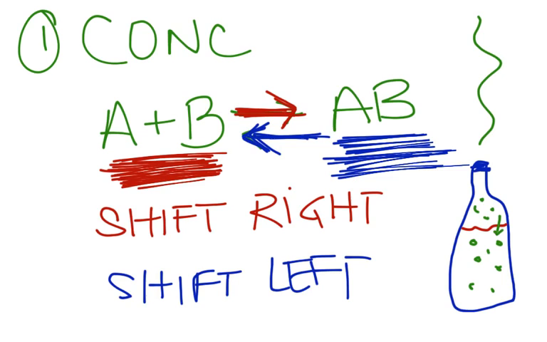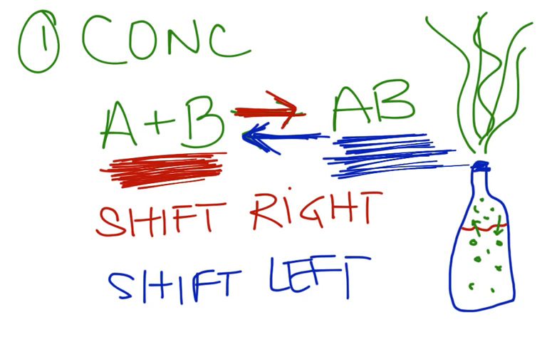It was a dynamic equilibrium where it was moving around. But when I take the top off and all this carbon dioxide leaves, I'm not able to put as much back into solution again. So the bubbles leave and leave and leave, okay? And I'm having trouble reestablishing my equilibrium, and my soda can eventually get flat. So that's a concentration change.